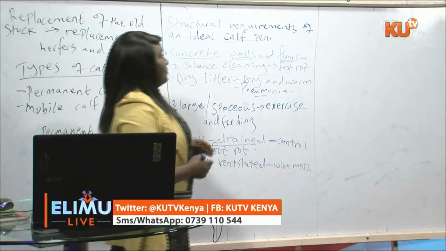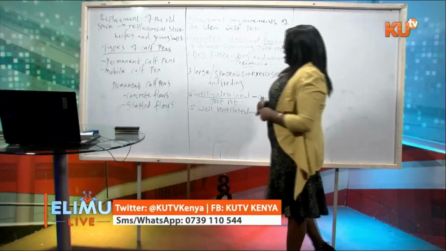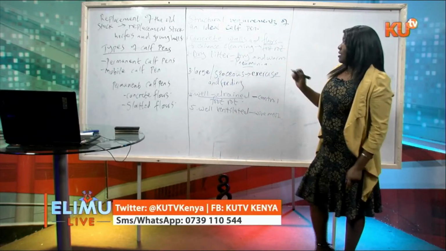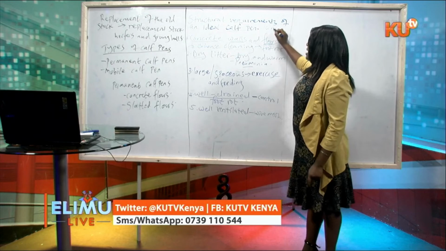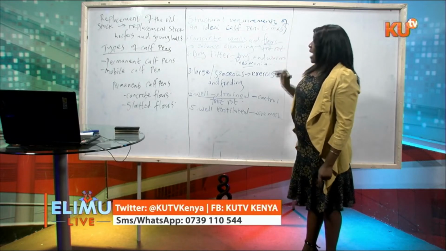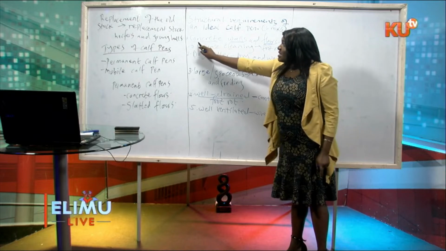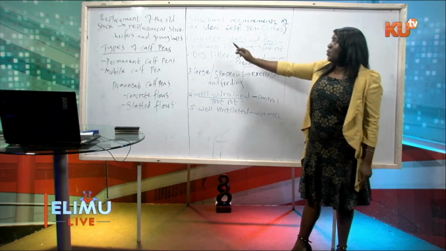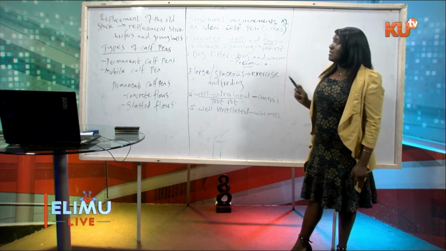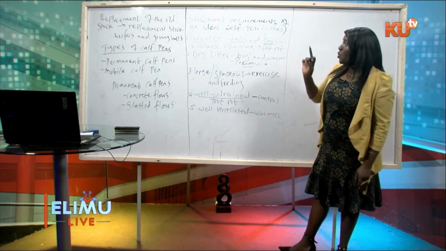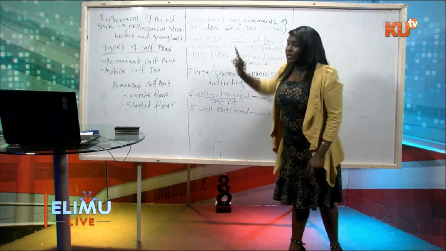And so far, we said that this is an essay question that can earn you up to 16 marks. For you to scoop those 2 marks, you need to give us the structural requirement, which in this case is the concrete walls, and you need to give us a reason why you need the concrete walls.